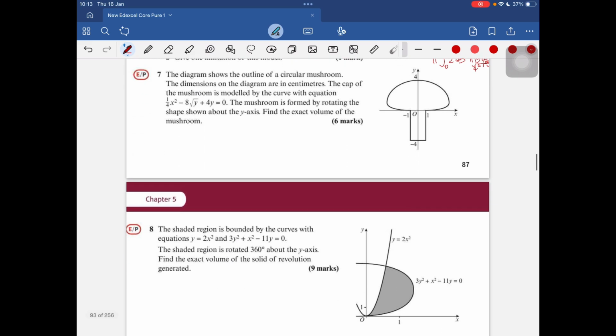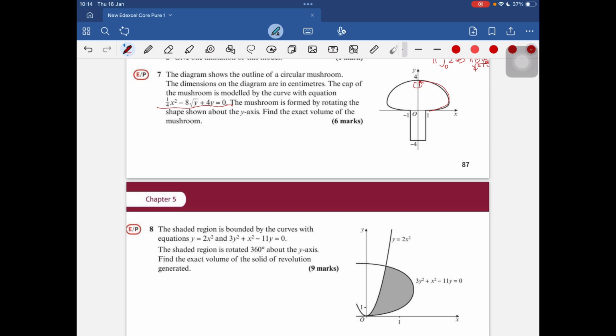Number 7, the diagram shows the outline of a circular mushroom. The dimensions in the diagram are in centimeters. The cap of the mushroom is modeled by this part. The mushroom is formed by rotating the shape about the y-axis.